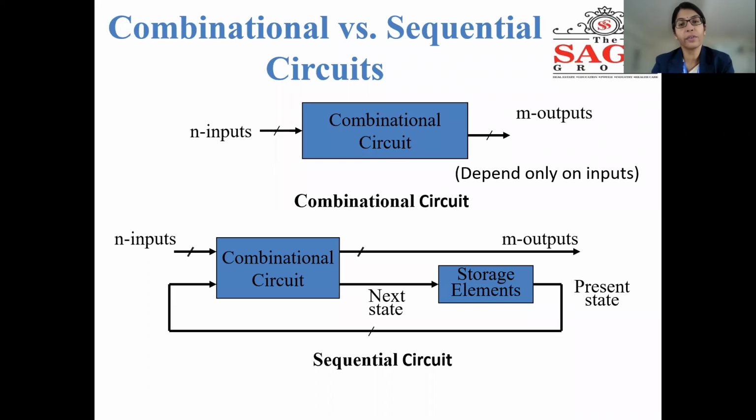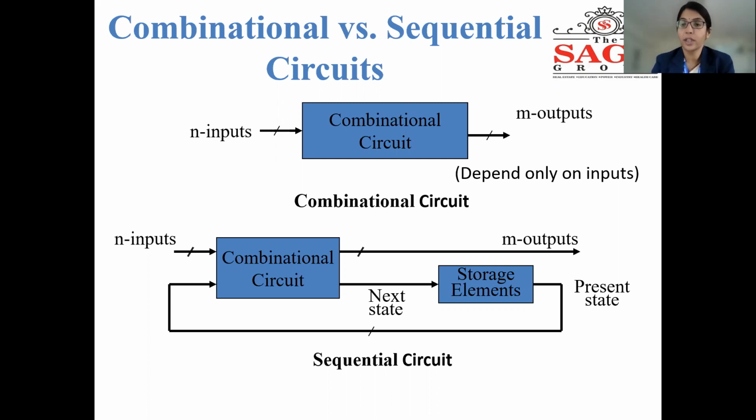Next, we will see the difference between a combinational circuit and a sequential circuit. I have already defined that a combinational circuit is one whose output is dependent on present inputs only. But a sequential circuit is a little bit different.